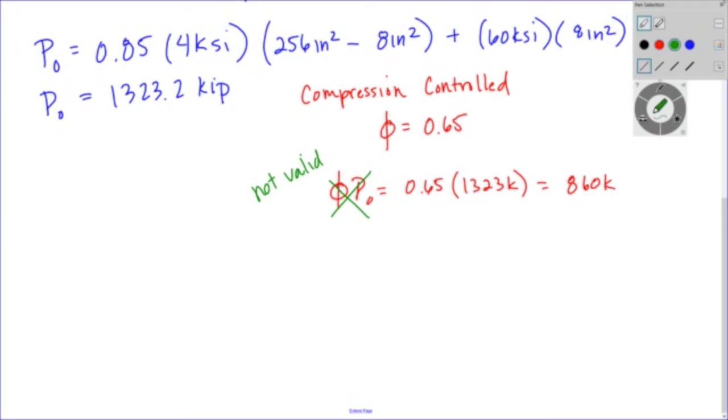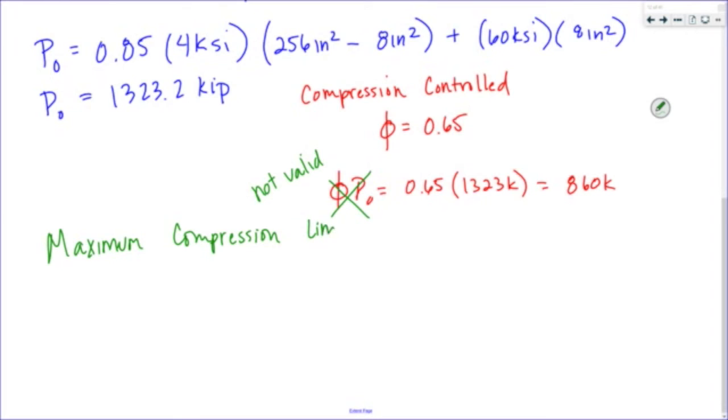Maximum compression is limited to PN max, and then phi PN max. PN max nominal and phi PN max design.